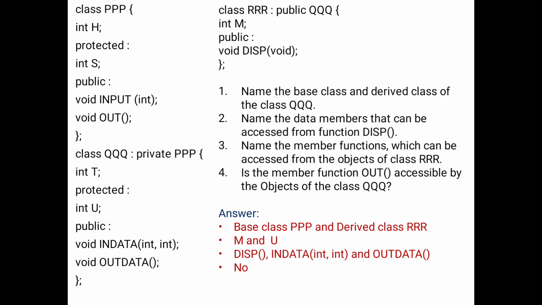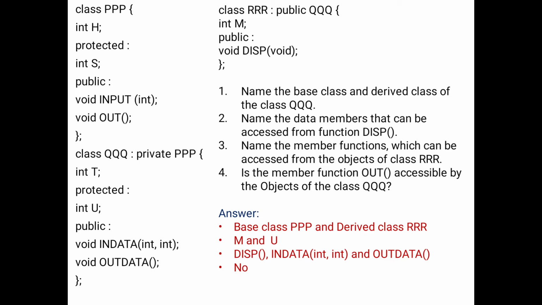In the body of this class definition, within the curly brackets, you have the data members and member functions that belong to class PPP. You have the data member int h declared. Since no label is written there, by default int h is a private data member. This private data member belongs to class PPP, and it is only accessible by this class. The derived classes, QQQ or RRR, cannot access the data member h.